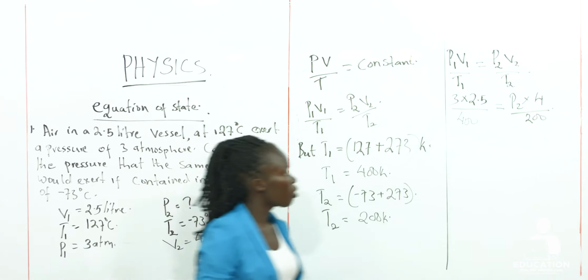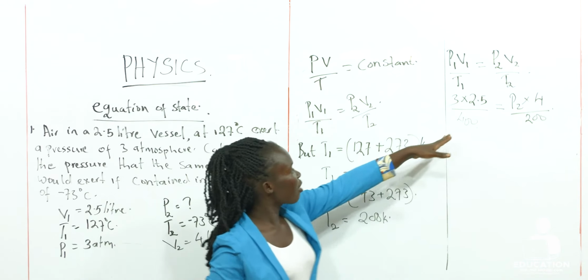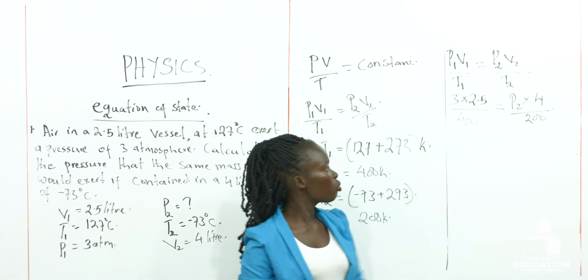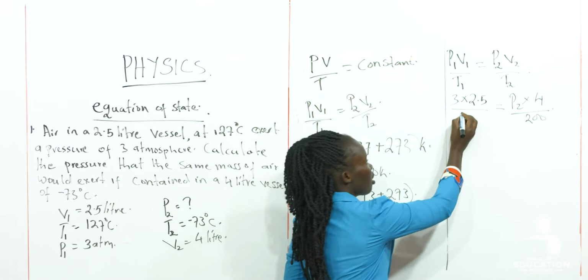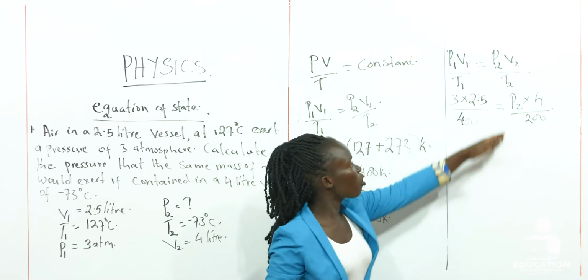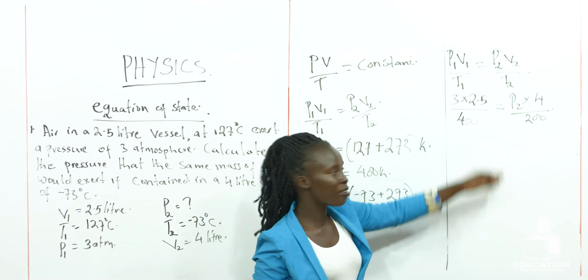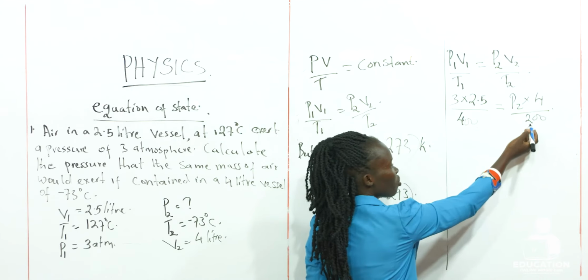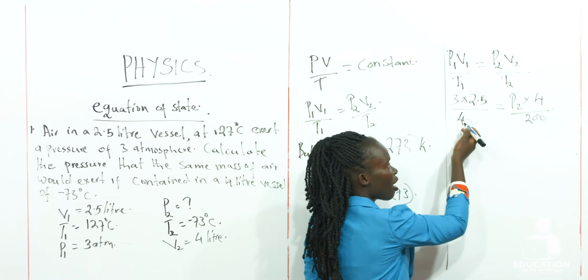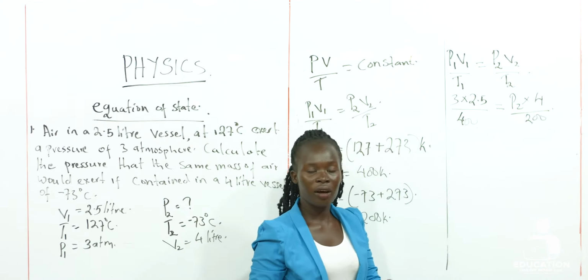So now, if we have our 3 multiplying by 2.5, before we cross multiply, we can reduce the denominators. You see that 200 will divide 400 twice.